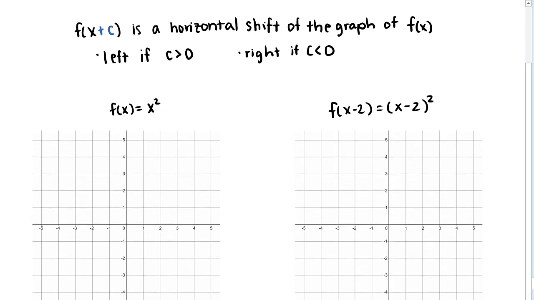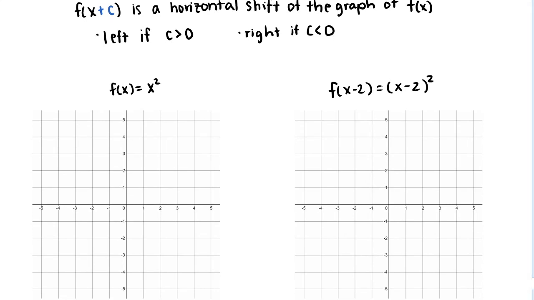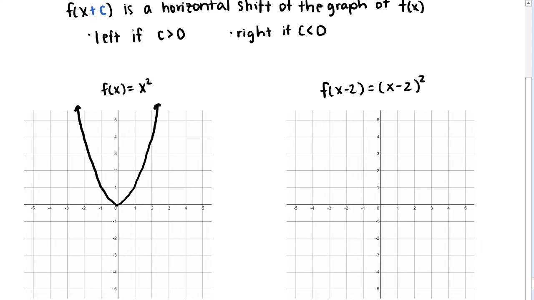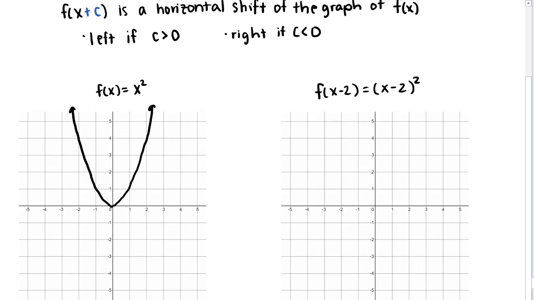For example, let's use the function f of x is equal to x squared. The graph of this function looks something like this. And if I think about the function corresponding to (x minus 2) squared, well, this is still squaring some quantities.